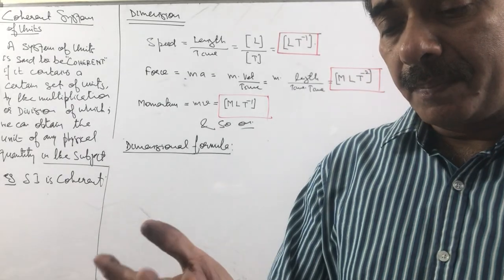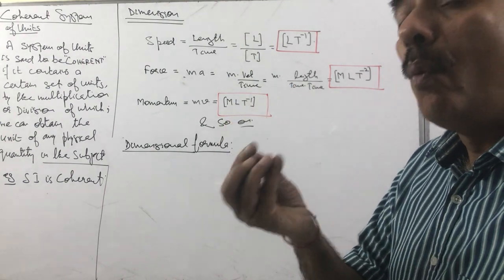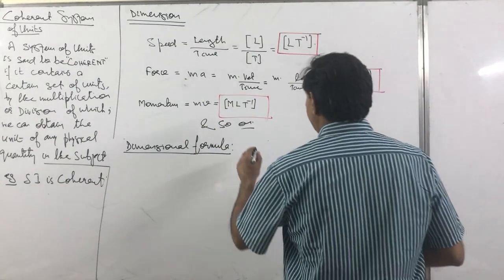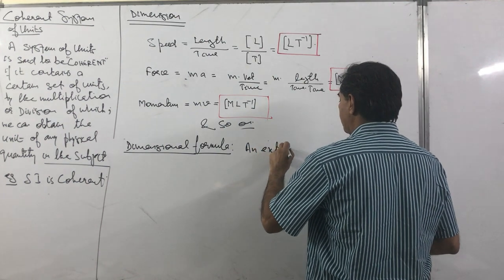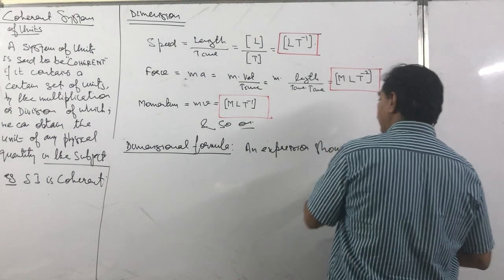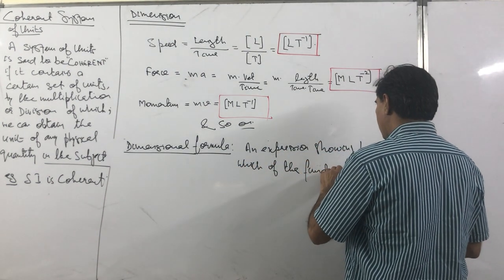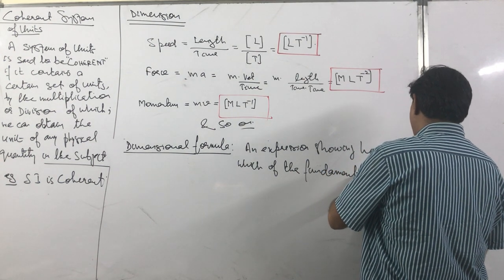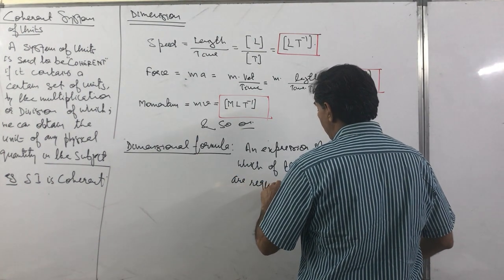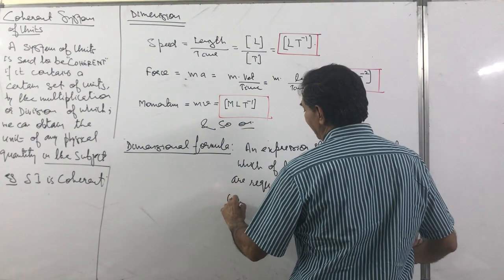Dimensional formula is an expression showing how and which of the fundamental quantities are required to express the unit of a physical quantity.